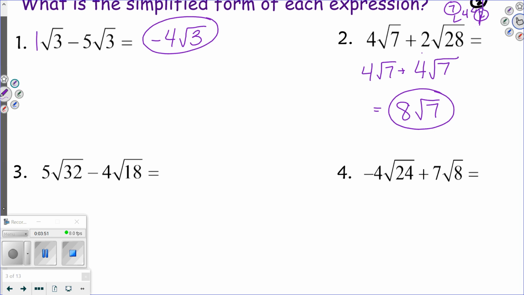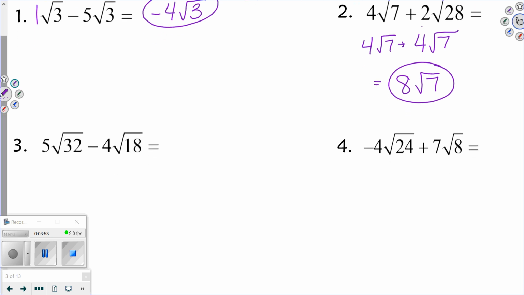All right, number 3. Are those like terms? Nope, at least not the way they sit. So we need to check and see. If I do factor trees, simplify my radicals, will they be? I'm kind of working my factor trees up just so I can have more room working down. So 32, 2 and 16, 4 and 4, 2 and 2, 2 and 2.